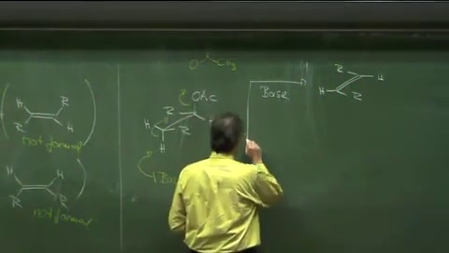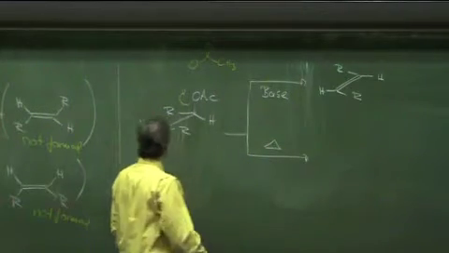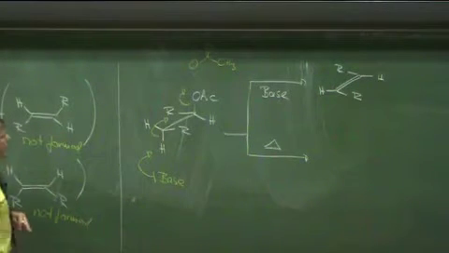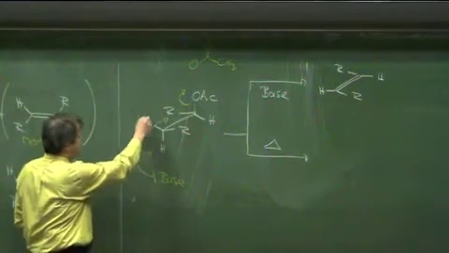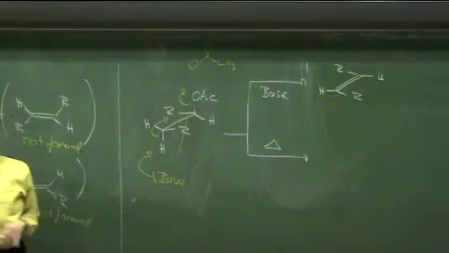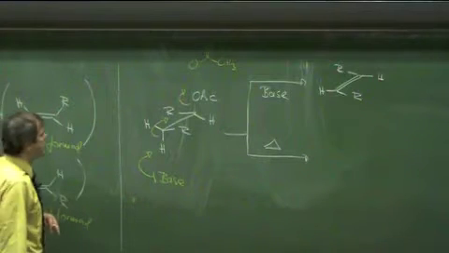Now, if you heat this up, and I have not chosen the example exactly as I wanted to. So note here, in principle, you again have a second hydrogen. You can rotate. So again, the cis product is also possible.